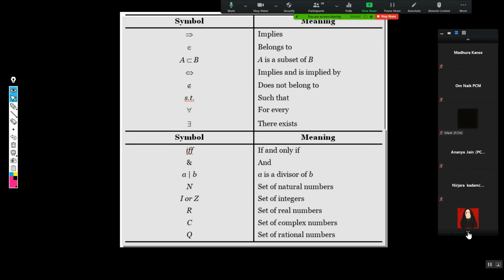Have a look at these symbols once. This is very important. Without these symbols, you cannot solve the problems. Om Naik? Yes, sir. Rahul? Yes, sir. You understood this, right? Tanisha?